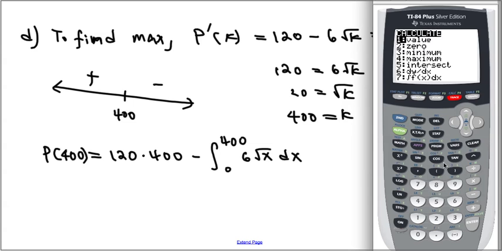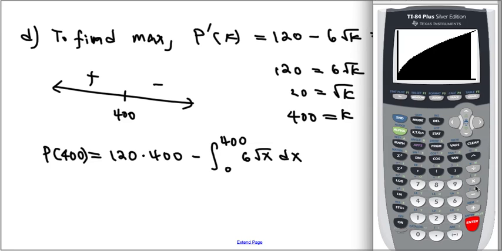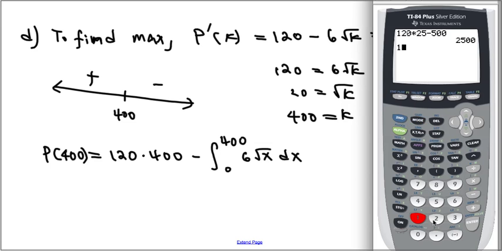And we're going to integrate, lower limit equal to 0, upper limit 400. That's the value that we end up getting, 32,000. So here we have 120 times 400 minus 32,000.